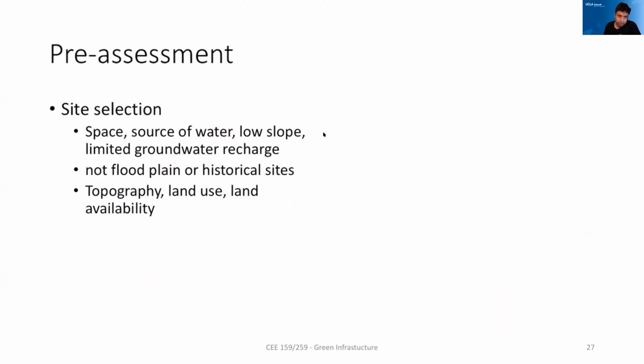First, for site selection, you have to think of the source of water and the slope of the location, and whether there is groundwater nearby that will be polluted or not. Historically, you should not use any floodplain because it will all flood and destroy the wetland. You should also not put it in a protected area. For urban stormwater, the source of water is basically wastewater treatment plants.